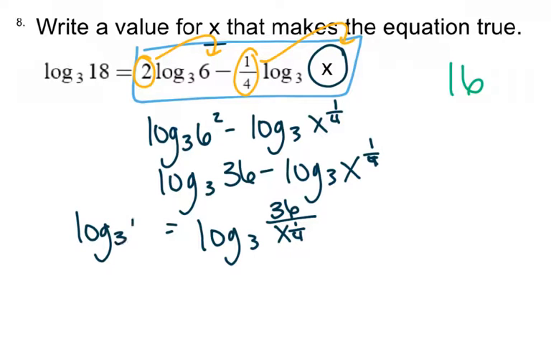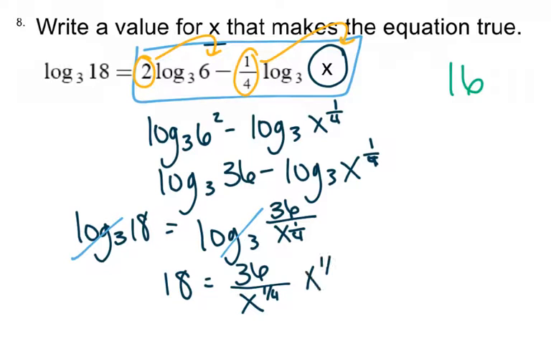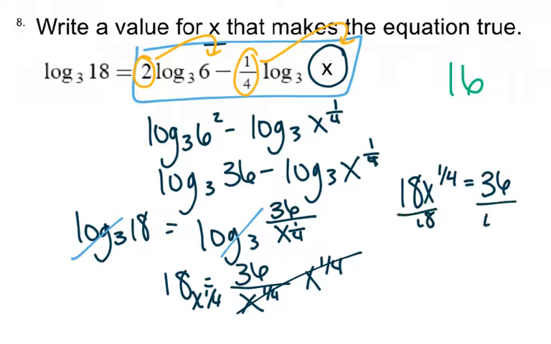Okay, so now that I have a log on each side, I can cancel those out because they're exactly the same. I can multiply both sides by x to the 1/4. These cancel out, so I have 18x to the 1/4 equals 36. I can divide both sides by 18.